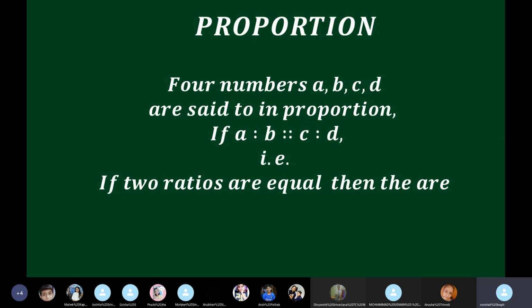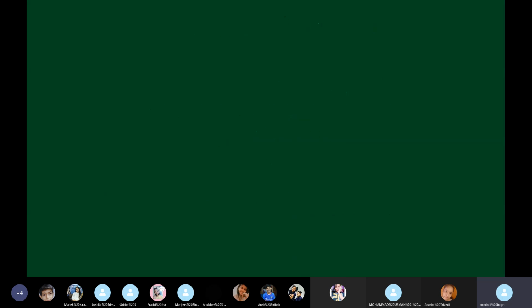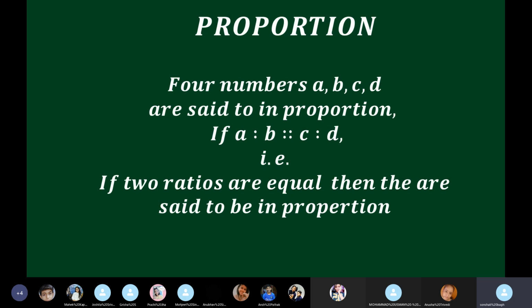That means if two ratios are equal, the ratio A is to B and the ratio C is to D are equal.